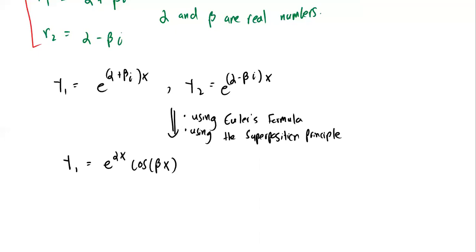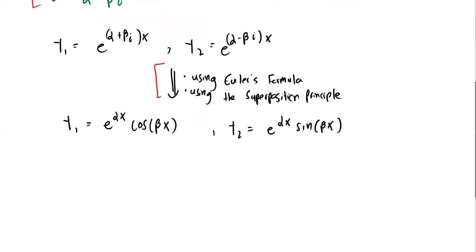And you get another solution, y2 equals e to the alpha x sine of beta x. And again, don't worry about this too much, how we get from these two solutions in the complex plane to these two solutions. Only worry about the fact that it's possible. And again, if you're interested, you can look in the book, but it's not something I'm going to test you over.